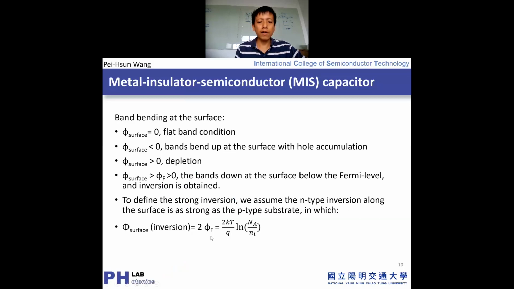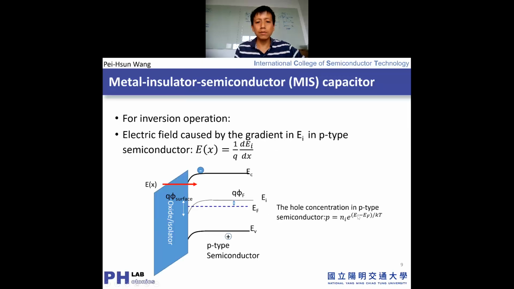So under the constraint, you can first define what is phi f. Phi f is determined by the doping concentration. As we mentioned here, phi f is the difference between EF and EI. And what is the EF and EI? Let us assume it is fully ionized. So the p, the freely movable hole, is the p-type doping concentration.